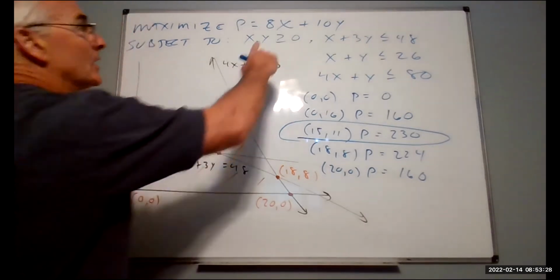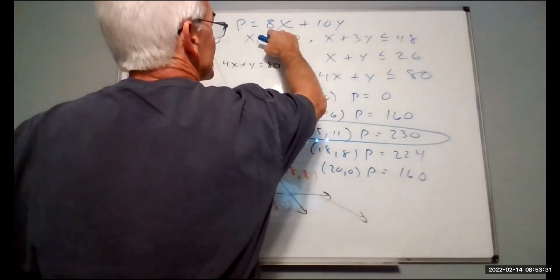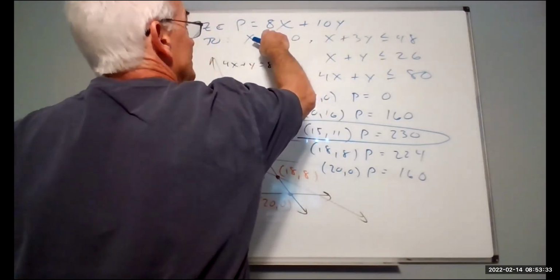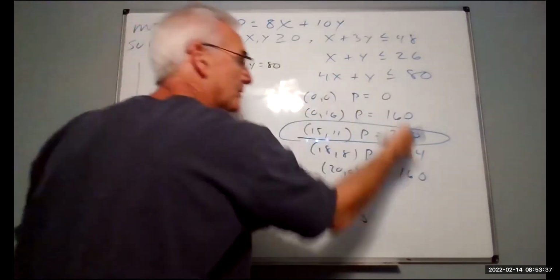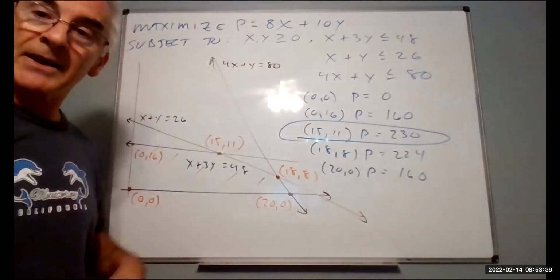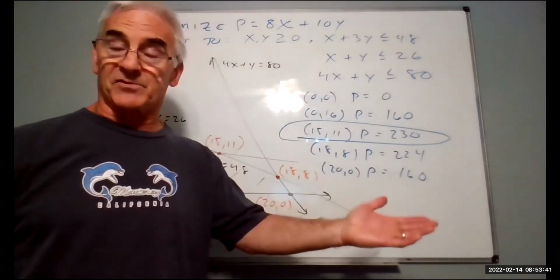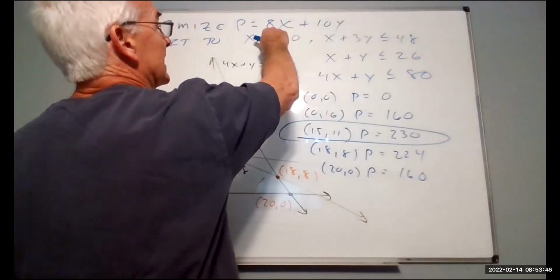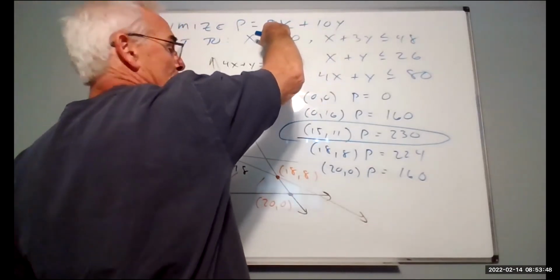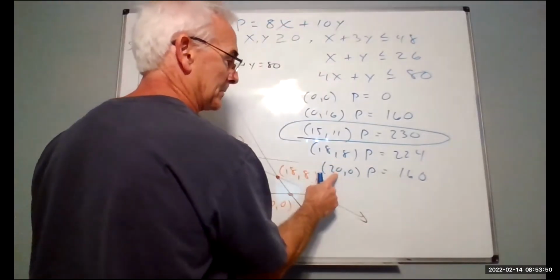Now, what if I change these coefficients? What if I increase or decrease the X coefficient, or the same thing for the Y? Well, then all of these values would change and my best case scenario might come from a different place. For example, what if I made the X coefficient huge compared to the Y coefficient? Then that might be the best.